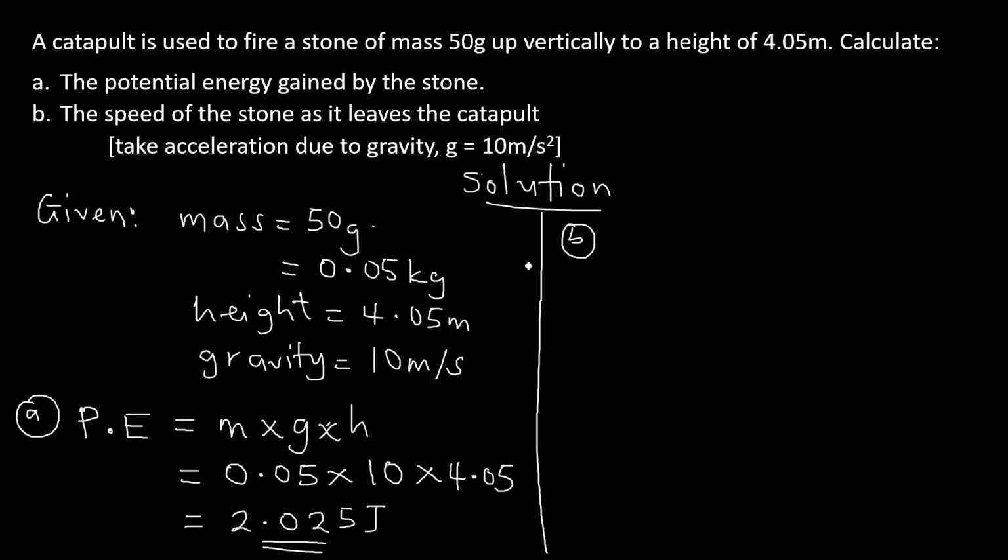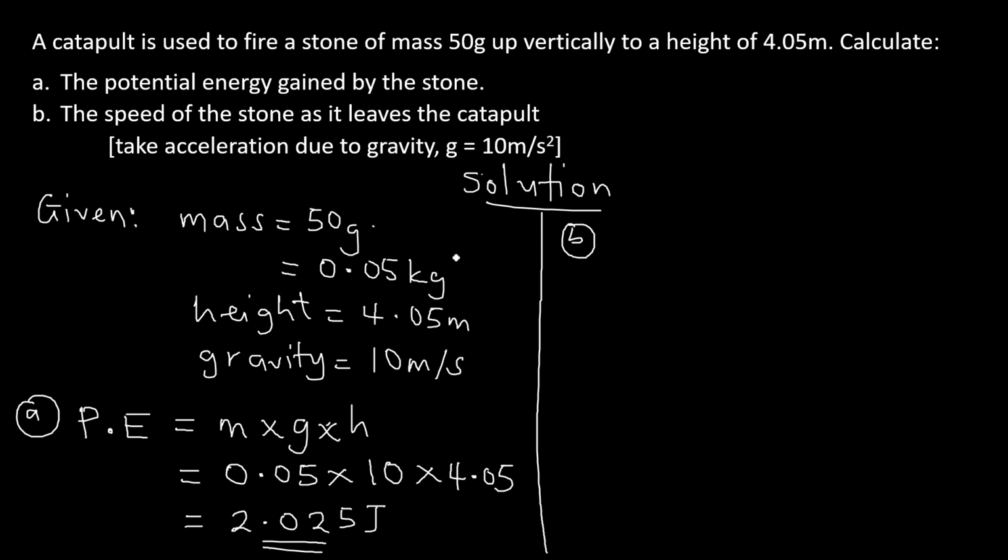Now we have to find the speed of the stone as it leaves the catapult. So we should take note of this. Although we've just calculated the potential energy, we might be thinking we do not have enough information to solve for the speed, but that's not true.